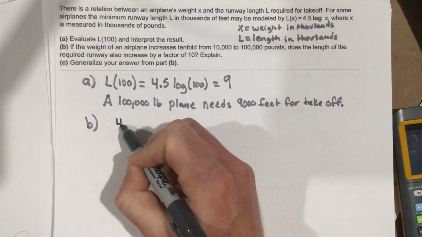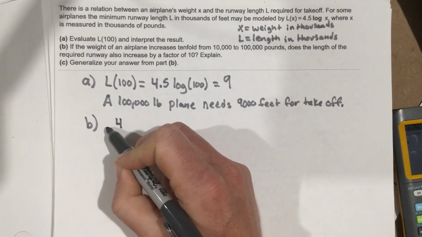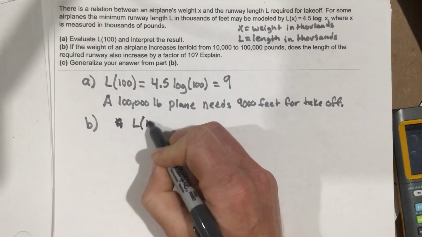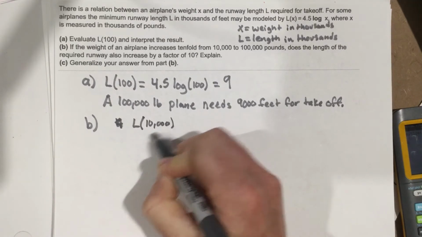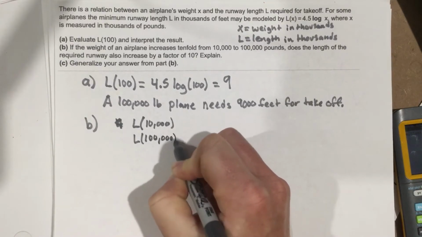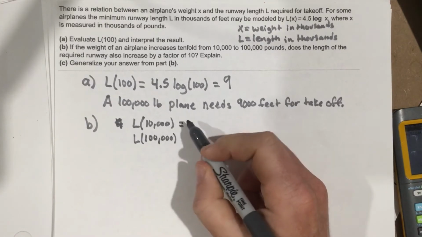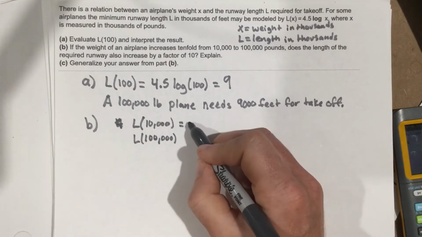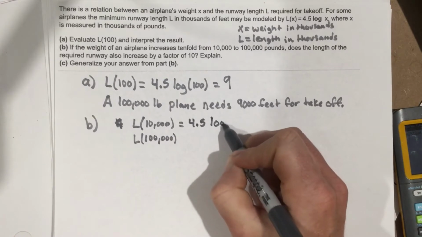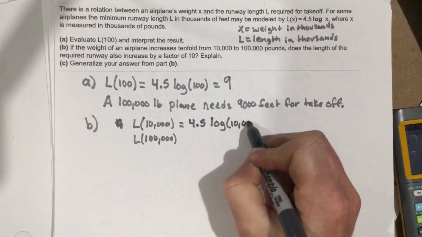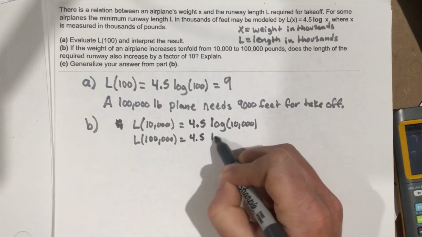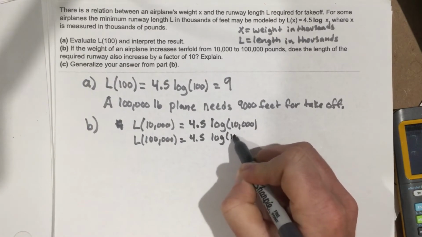So we're going to plug in L of 10,000, and we're also going to plug in L of 100,000. If I plug in L of 10,000, I get 4.5 log of 10,000, and then this one would be 4.5 log of 100,000.